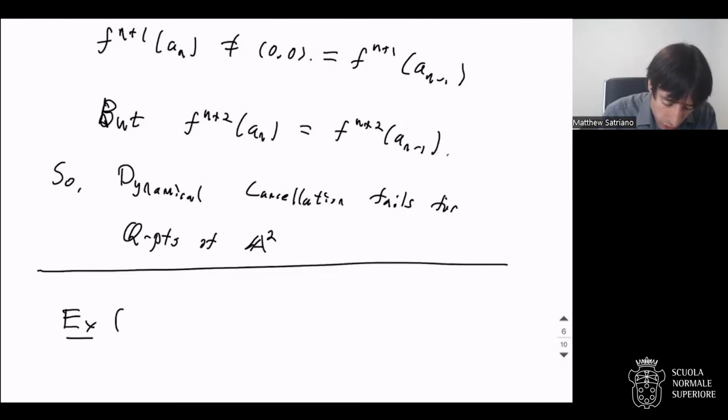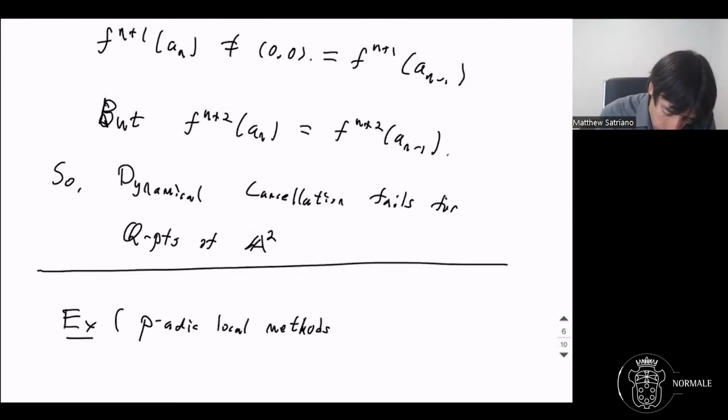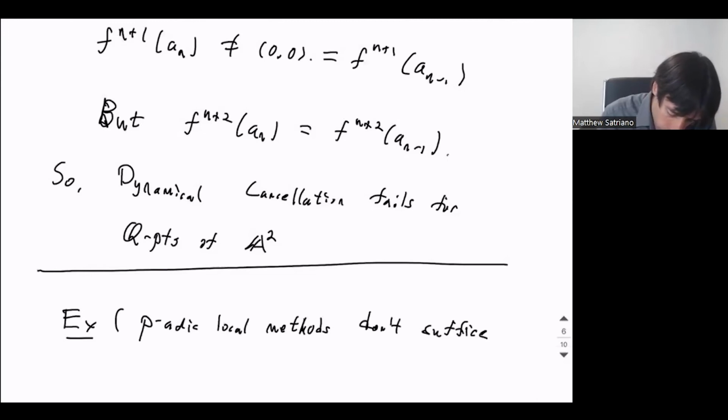So unfortunately, p-adic local methods don't suffice to handle dynamical cancellation.